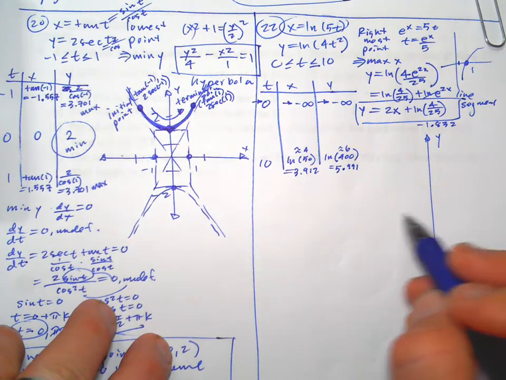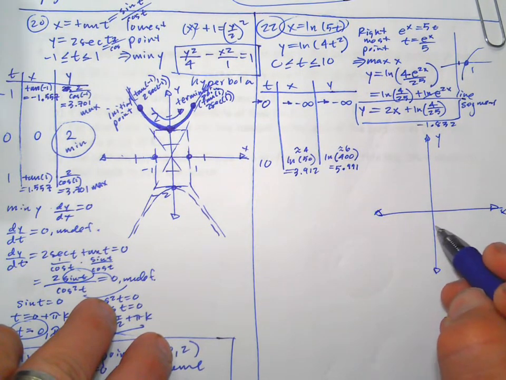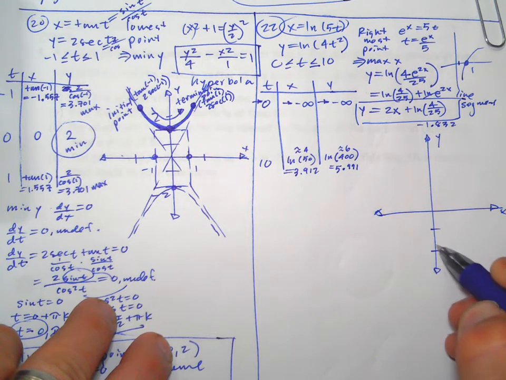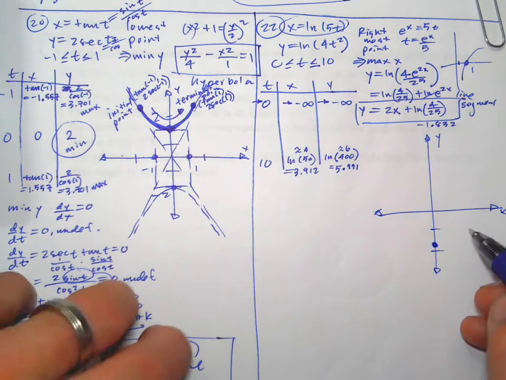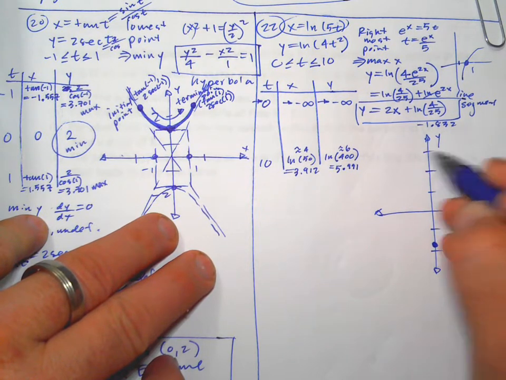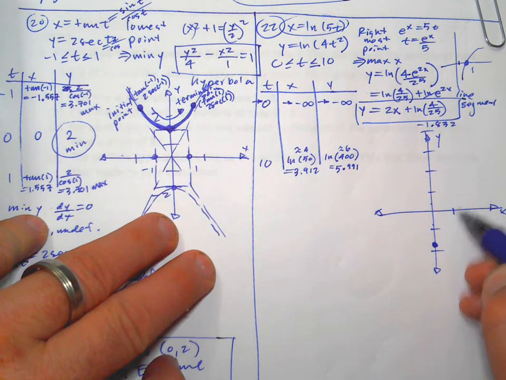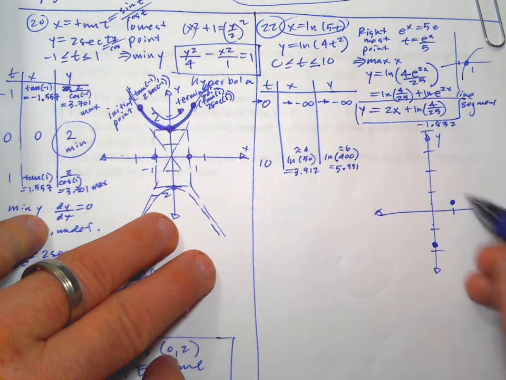It starts negative, right around there, and then goes up to over 1.